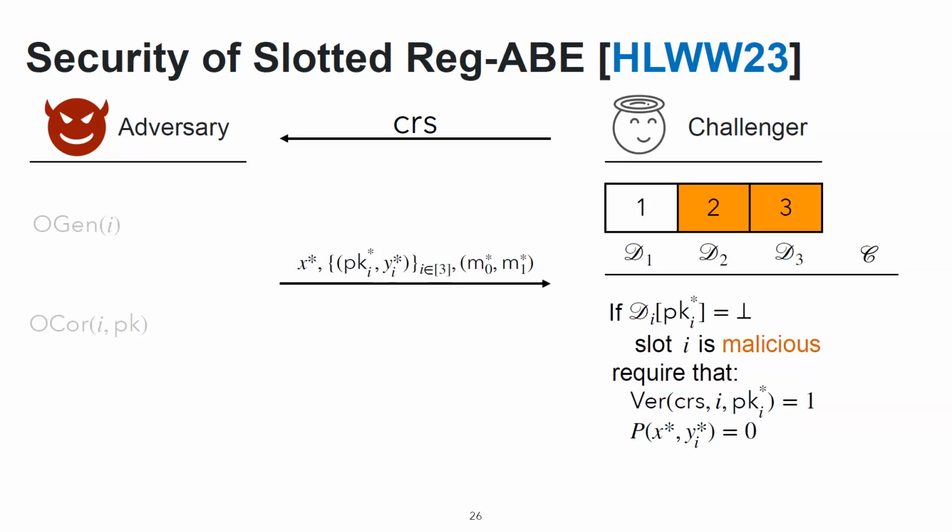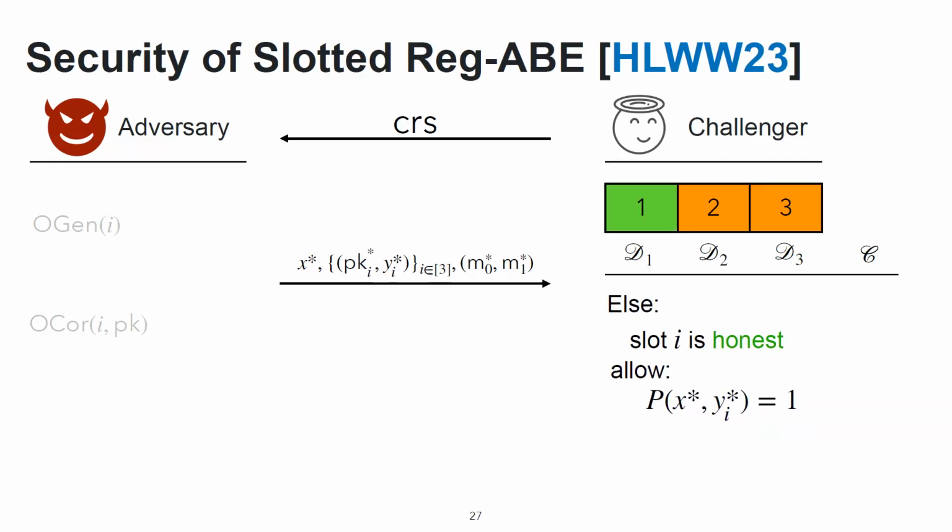The second one is the malicious case. In the malicious case, the public key wasn't given by a previous oracle, which means it was generated by the adversary itself, and the adversary has its secret key. So in this case, we require the malicious public key is valid, and the predicate equal to 0. The last one is the honest case.